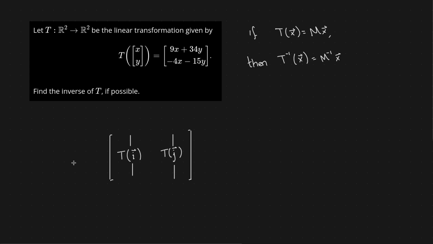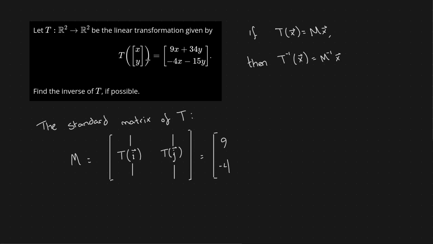So this will be the standard matrix of T. If I take the transformation of i, which would just be 1, 0, if I plug 1 in for x and 0 in for y, the first row, 9 times 1 plus 34 times 0 would be 9. And negative 4 times 1 minus 15 times 0 would be negative 4.